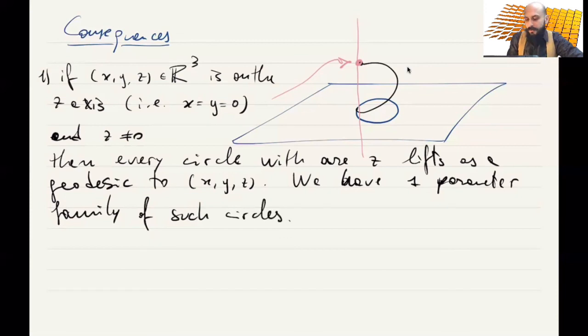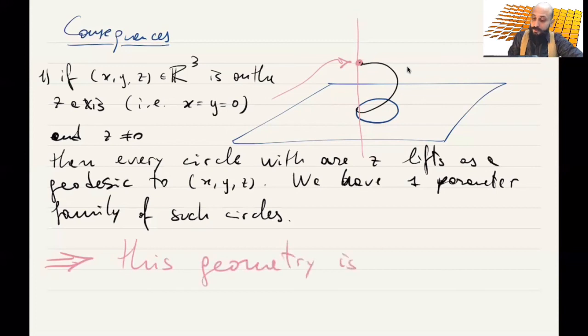Right? So it's interesting because these points are arbitrarily near the origin. So it means that there is no neighborhood of the origin where you have uniqueness of geodesics. So first, this implies that therefore this geometry is not Riemannian.